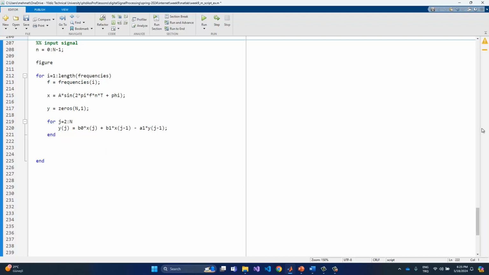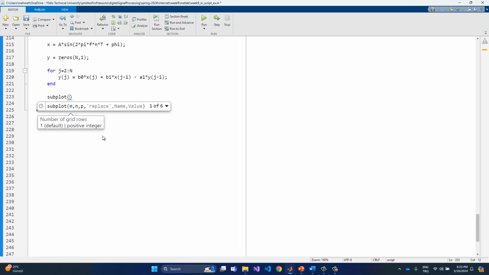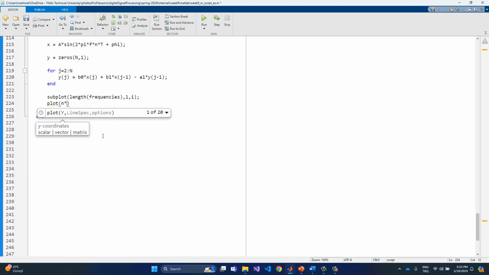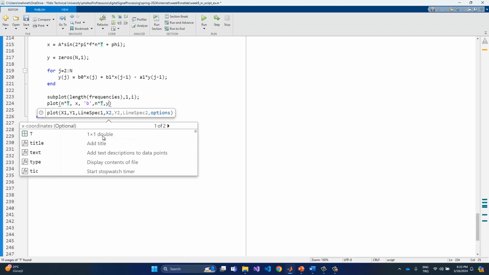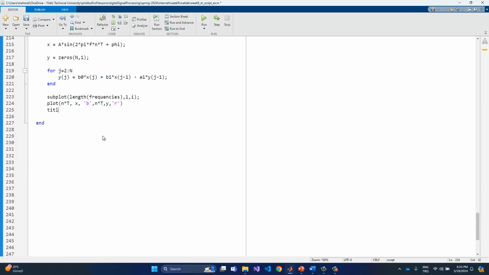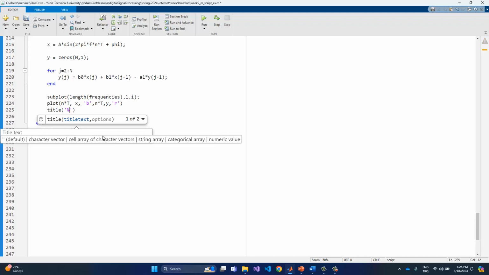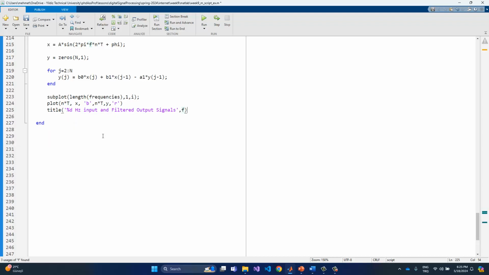Okay, and after that we need to build the subplot in here, just like this one, the length of the frequencies values, 1 and i, right? This is subplot, and so the plot should be given in here, n times t and x with the marker b, and n times t and y with the marker of red. Okay, and title of the percentage d hertz input and filtered output signal can be given in here with the f value.